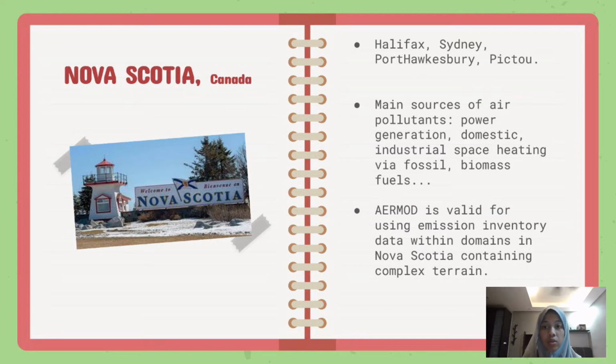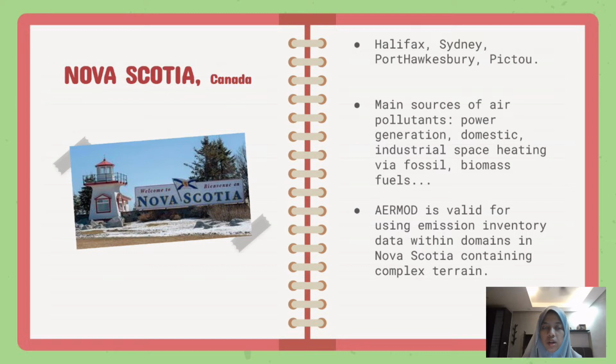Sources of particulate matter 2.5, nitrogen oxide, and sulfur dioxide in Nova Scotia are power generation, domestic and industrial space heating via fossil and biomass fuels, construction activity, ship emission, vehicle emission, and resuspended dust, with the majority, 75%, being long range transport, LRT, originating from the northeast US Interstate 95 corridor and the Canadian Windsor.